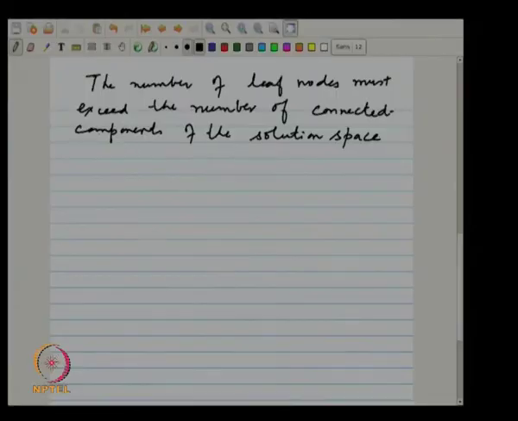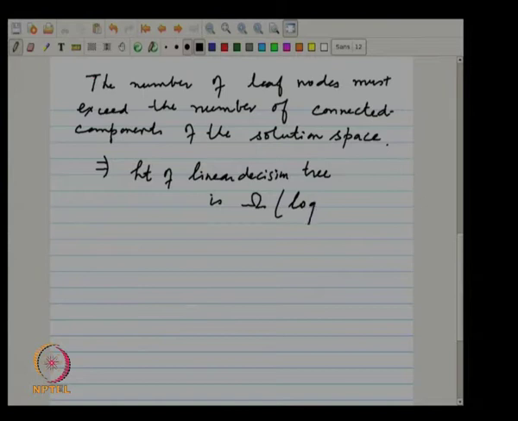So, the number of leaf nodes must exceed the number of connected components of the solution space, which means that the running time, or the height of this linear decision tree, is omega of log of the number of connected components of the solution space.